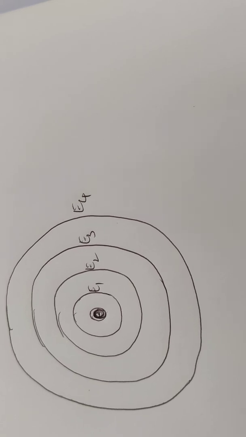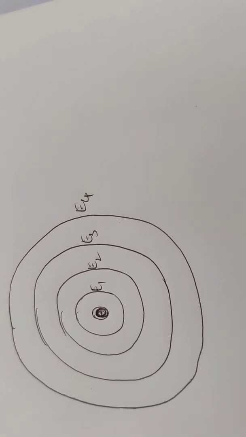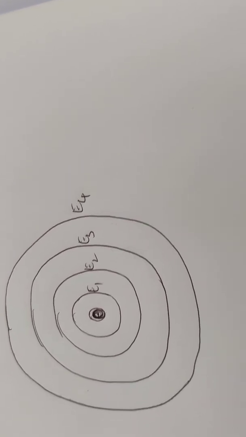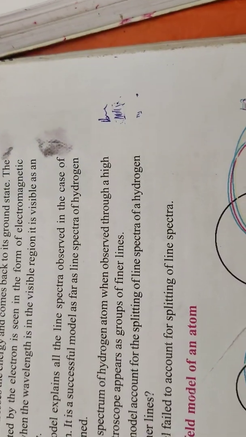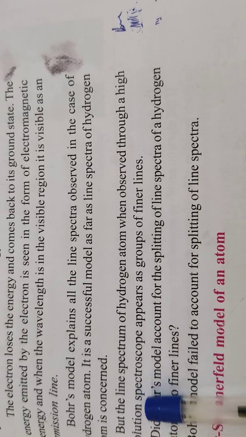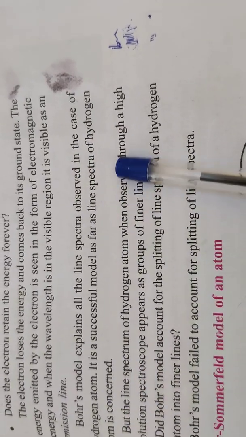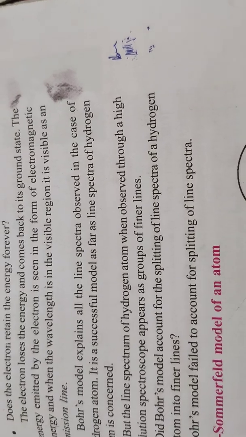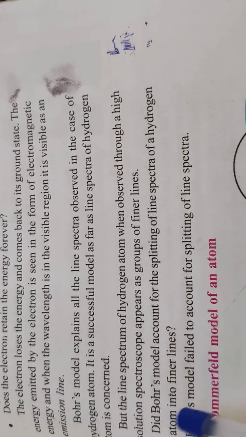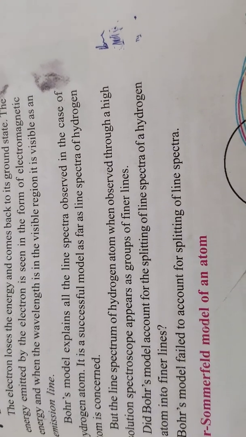But when this line spectrum is observed through a high resolution spectroscope, the line spectrum is split. That spectrum is known as fine spectra.